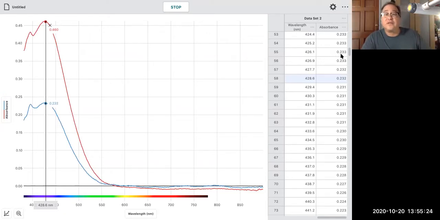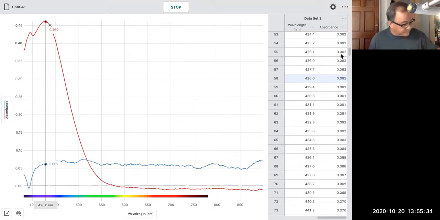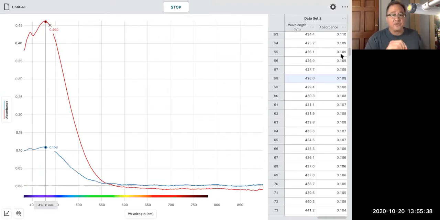Or actually, it's changed to 0.233. Okay, now I'm going to stick the next solution in here. So this is the second dilution we're looking at. And here you can see it's at 0.108.